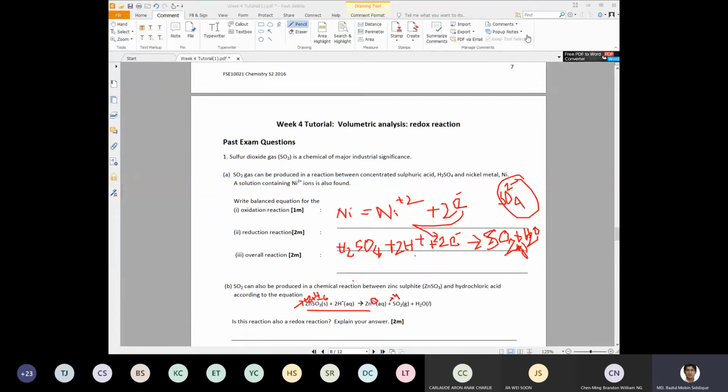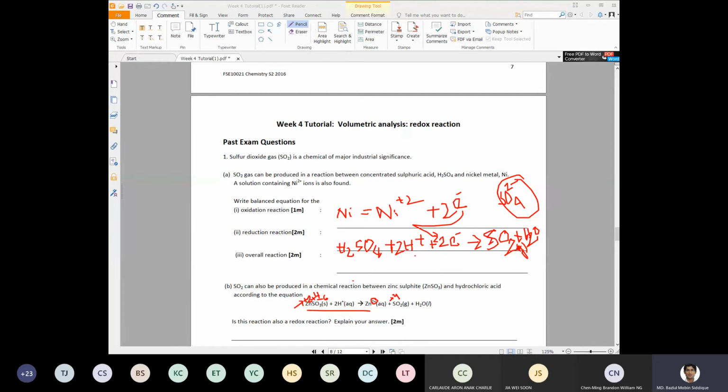Is there any skill or technique to write the half equation? Yes, there are some rules, right? We discussed them in the lecture slide, so please refer to the lecture slide. At the first step, you balance all the elements except hydrogen, oxygen, and electrons.